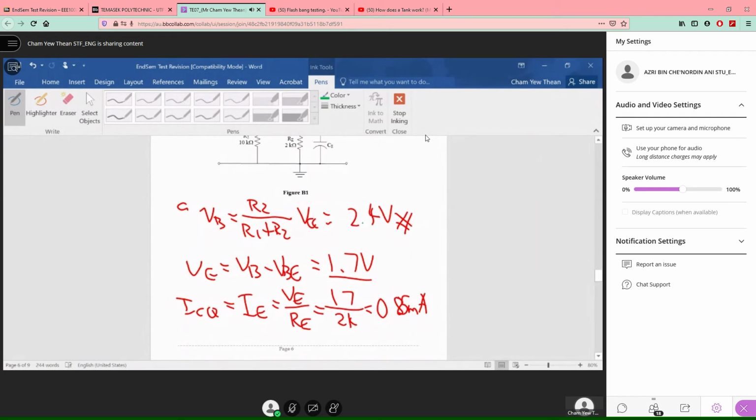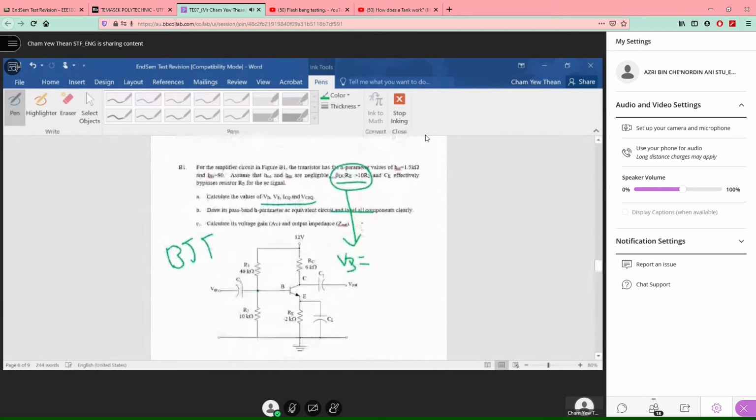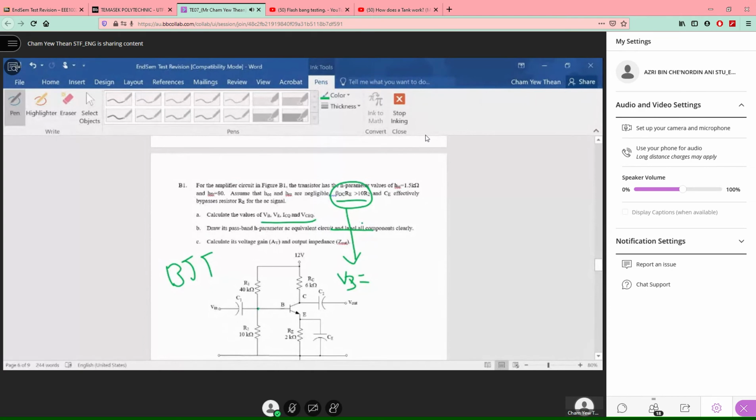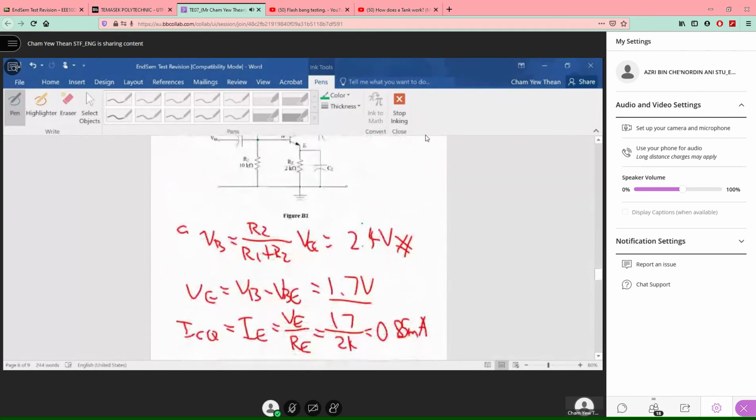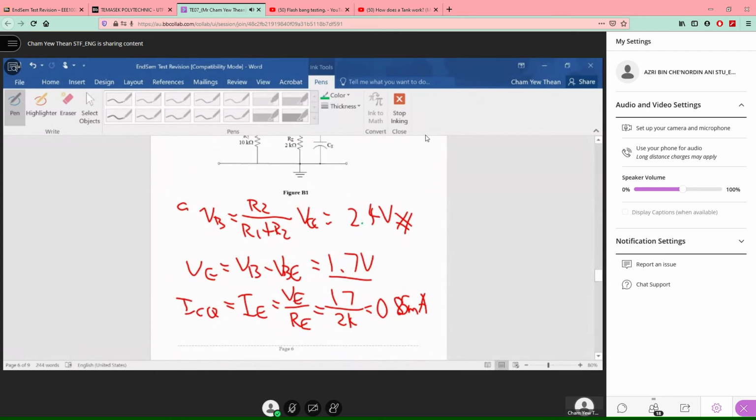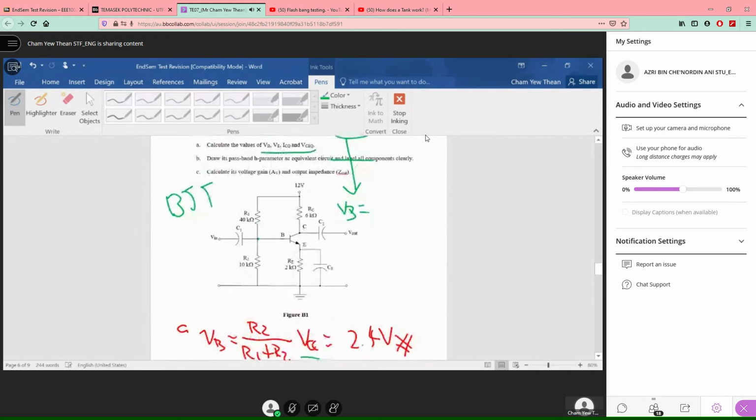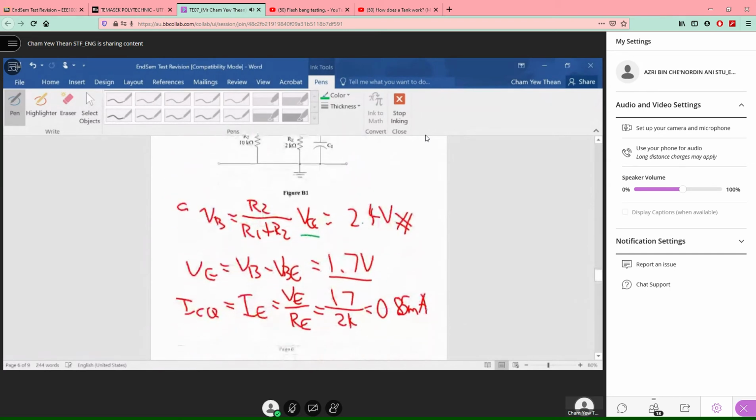Because you have beta DC times RE much bigger than 10 times R2, you can simplify the calculation of VB to R2 divided by R1 plus R2 times VCC. This is VCC, not VCE. VCC is 12 volt.